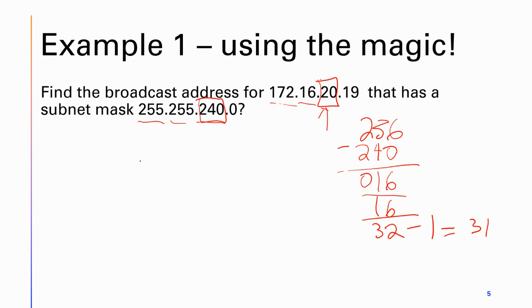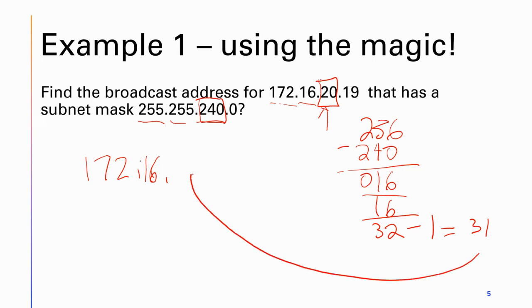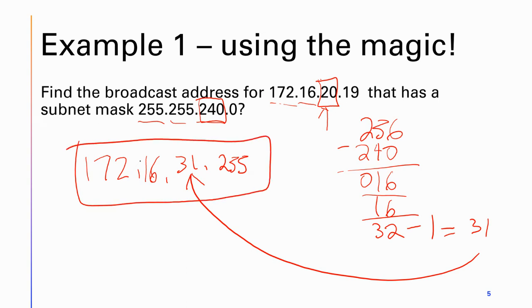Now we have all the information we need to write out our broadcast. I'm going to put in that 31 right here, and then it's going to be 255. Now that is our broadcast address.